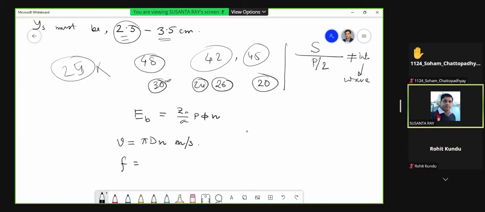So that means alternating current flows through the armature like this, plus I, minus I, plus I, minus I, due to the commutation. Now, what is this frequency of reversal? How to calculate that? Do you know?